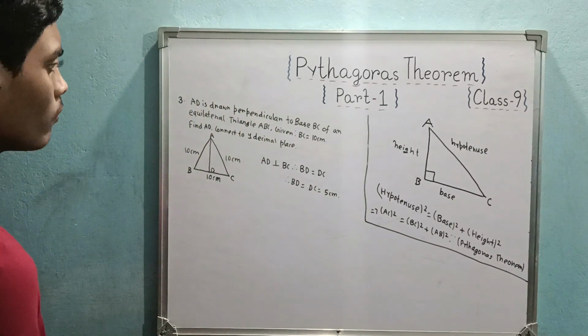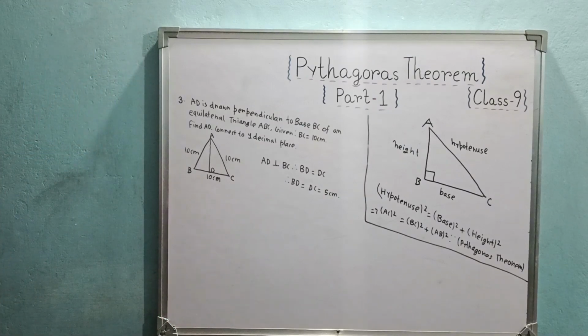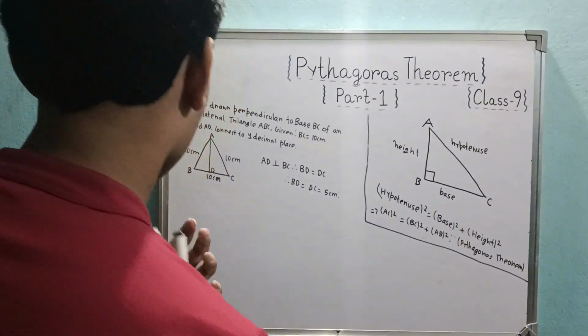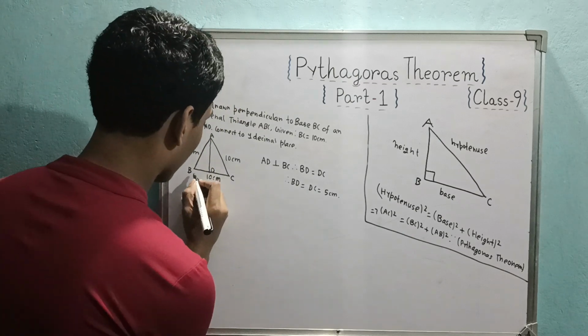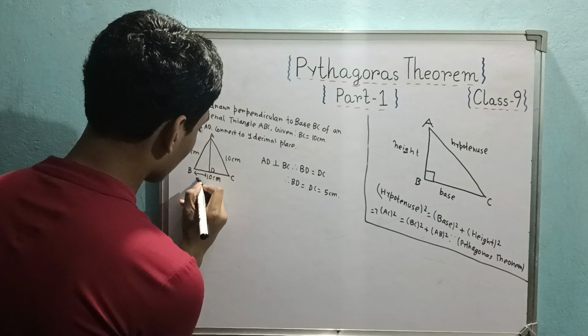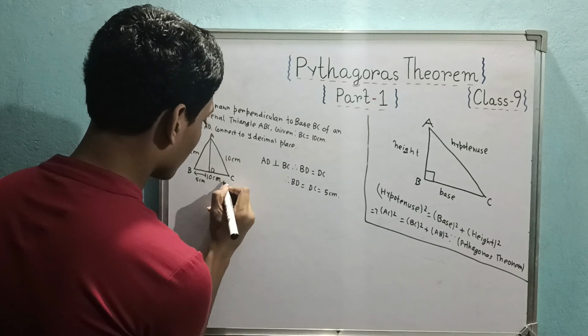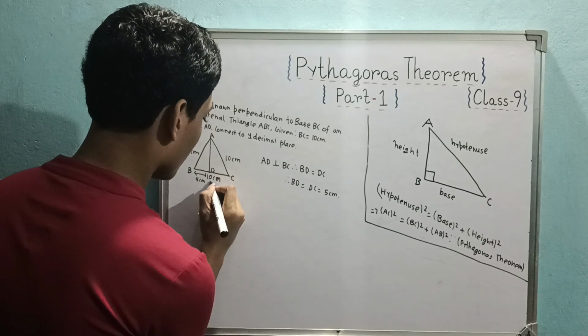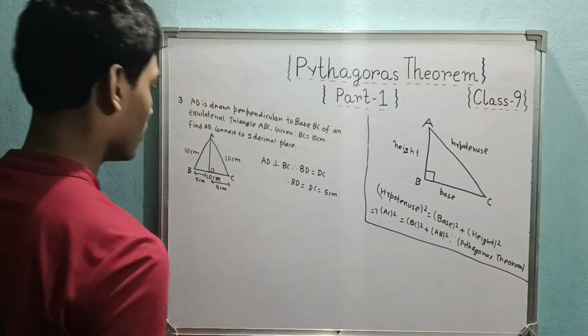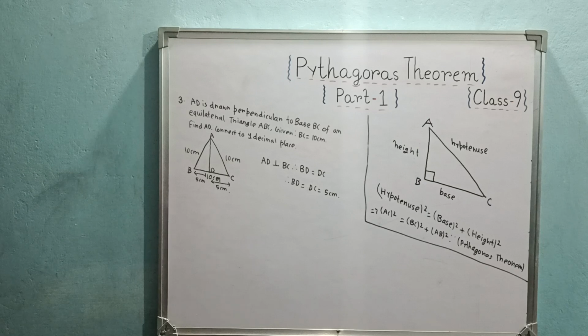So what do we have to do? Find AD. Well, that's the task of a small boy, like any one of us. So how? See, this BD is 5 centimeter. Similarly, this DC is also 5 centimeter, right? We just got that. BD equal to DC because AD is perpendicular to BC.